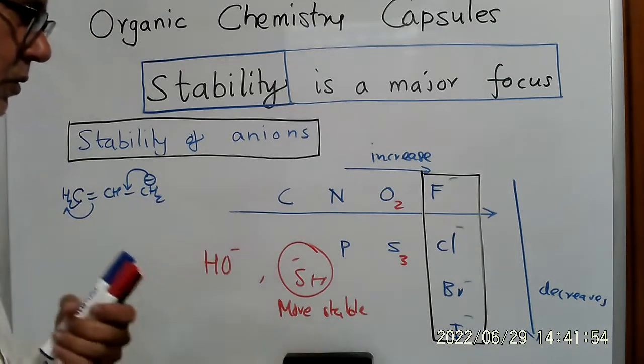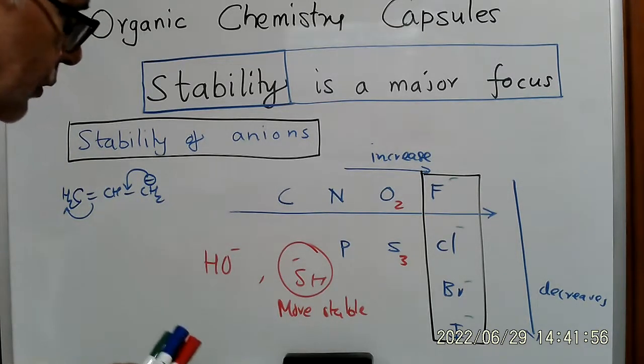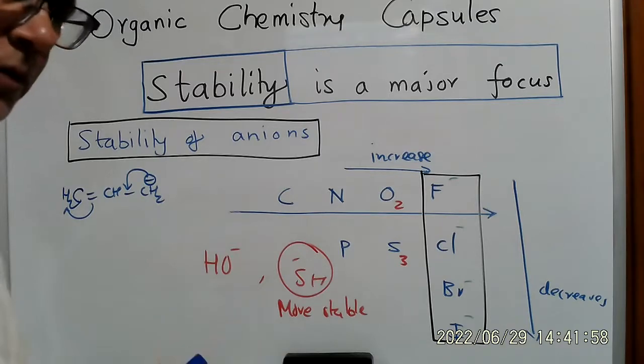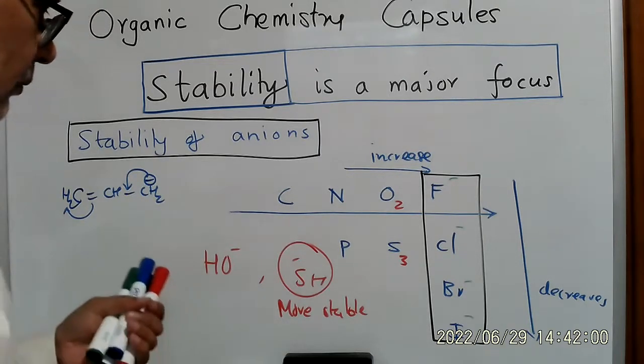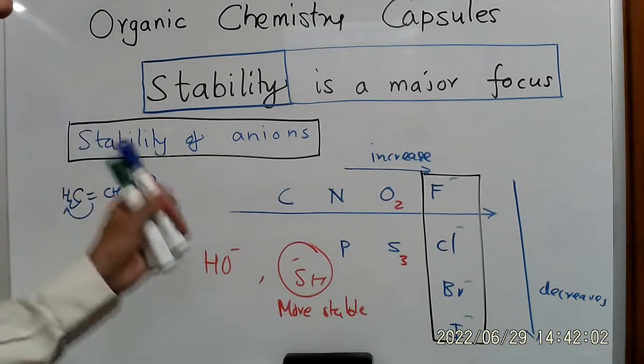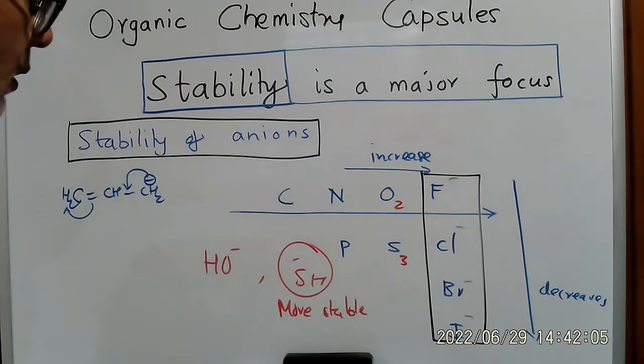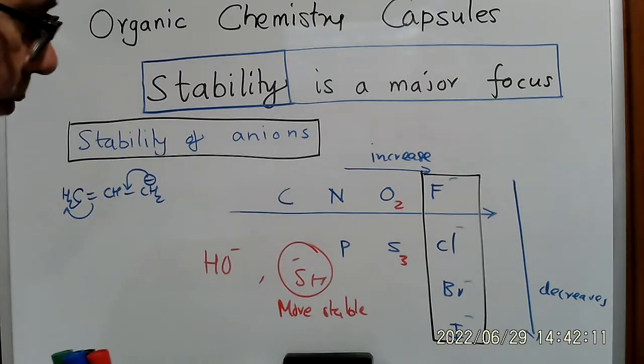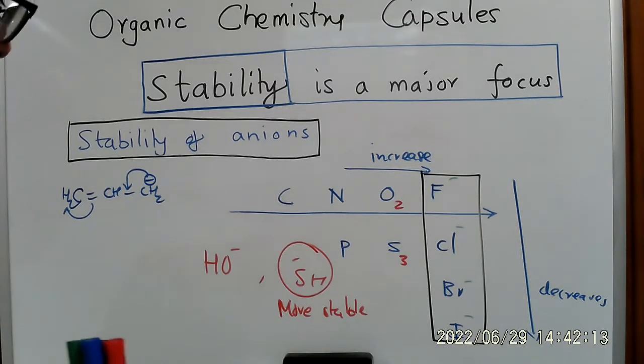So we need to be nimble and look at the most appropriate thing. Now, you may ask, is there any experimental evidence for this? There is. Many times there is experimental evidence, and we'll come to that in later topics and later capsules. So we stop here.